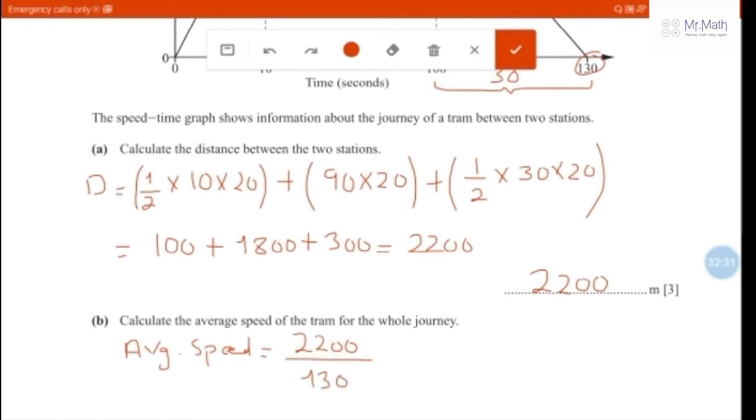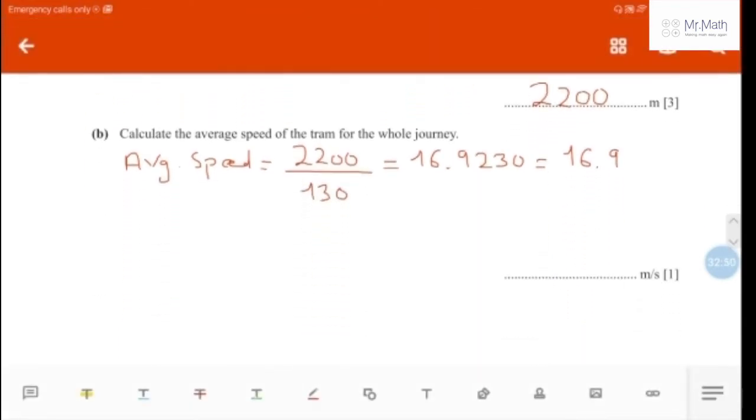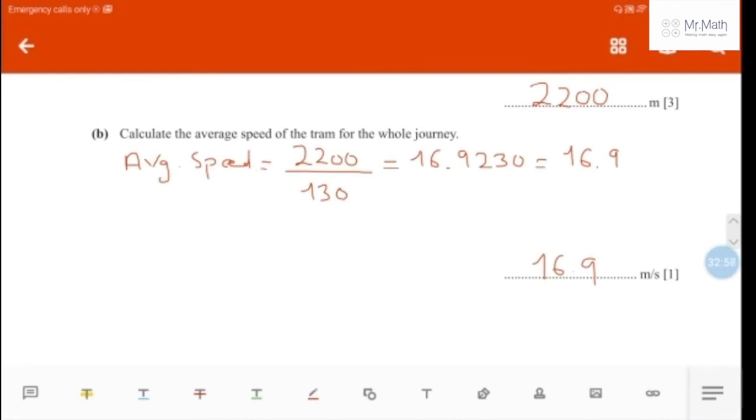So 2,200 divided by 130, the answer is 16.99230. To 3 significant figures, the answer is 16.9. So the final answer is 16.9 meters per second. So the average speed of the tram during the whole journey is 16.9 meters per second.